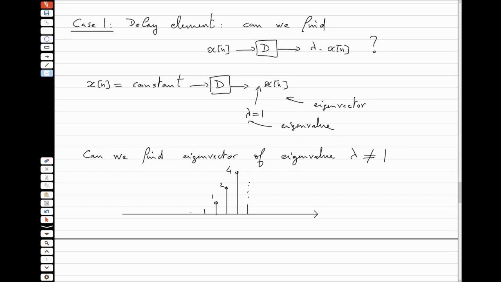And here it's 1/2, 1/4. All right, so and so forth.